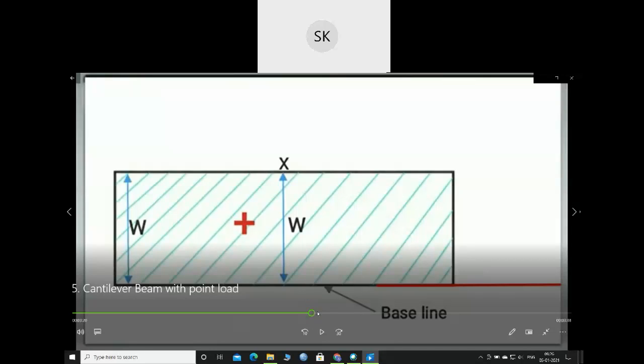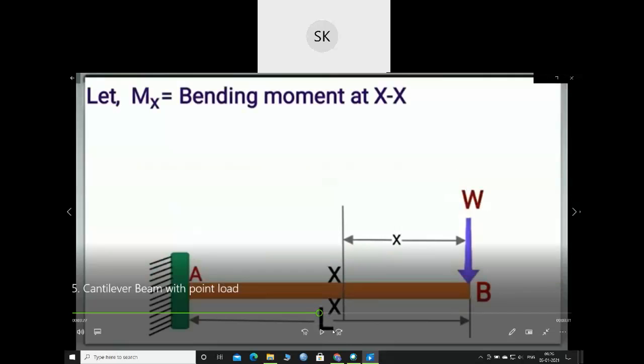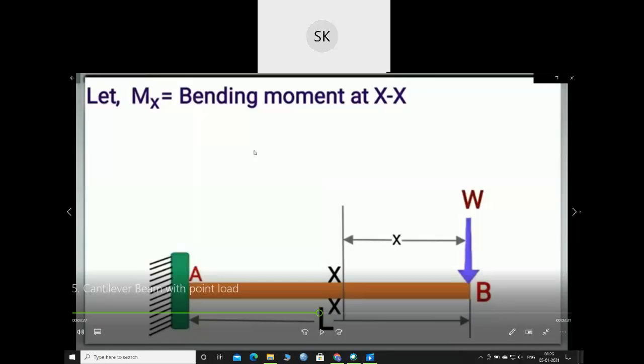Now for the bending moment diagram, again I am taking a section XX at a distance of x. So what is bending moment? For bending moment we take force into distance, right? Here the force is W, and the distance I can take as x.